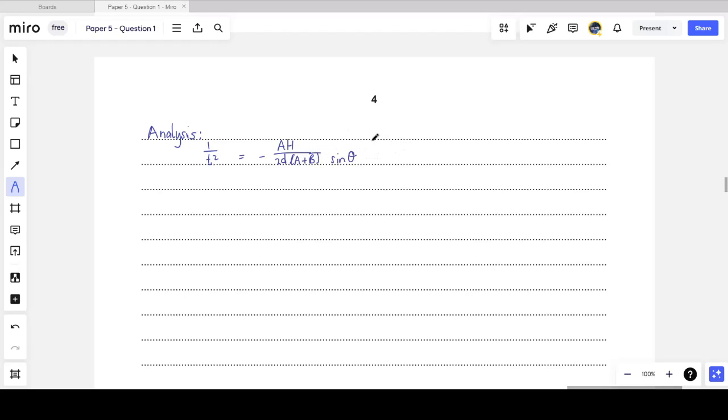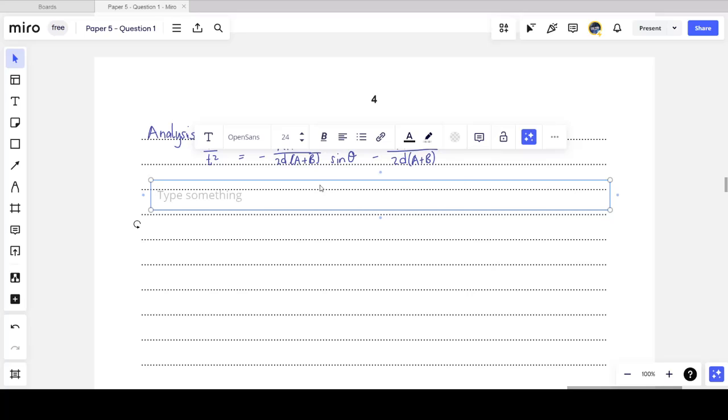See, I left the sine theta on its own, minus k a over 2d into a plus b. Now, the reason why I wrote the equation in this way is so it's easier for me to write out how I'm going to plot my graph.